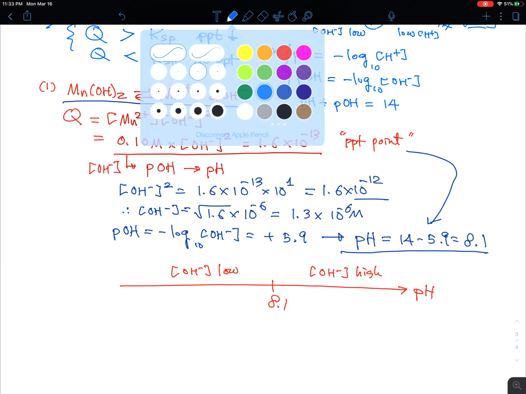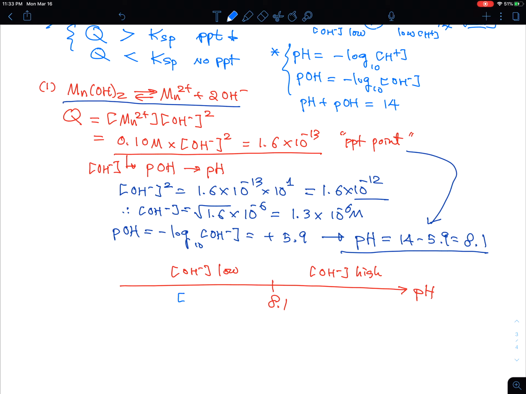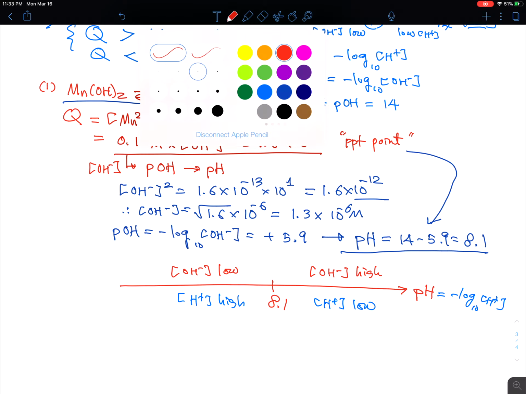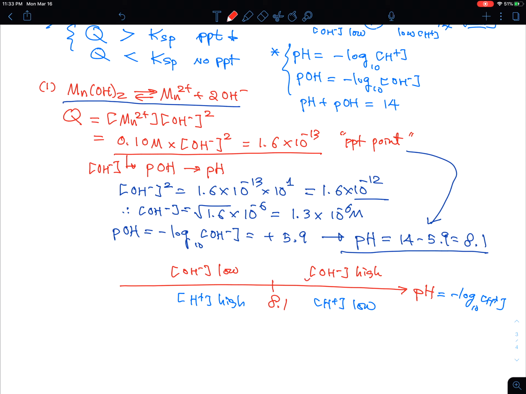Since the pH scale is negative log of H+, the H+ is high on one side and low on the other. When the OH- concentration is sufficiently high, we see precipitation.